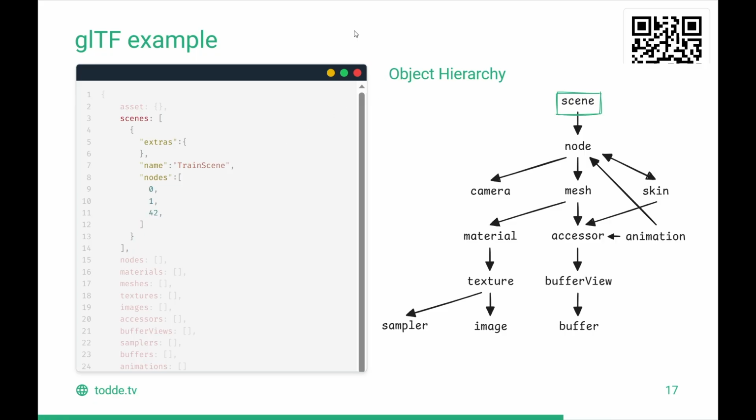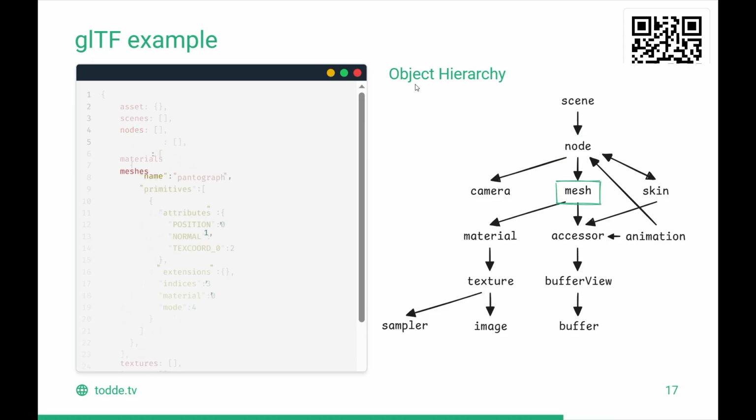So going further down, for example, in the nodes, we have only one node because the screen is too small here, but this is the node at position index 0, and it is a mesh, and it has the name train. And it then has a scale, translations, and other parameters. And if we go even further down, so we went from the scene to the nodes to the mesh now. Also mesh is just an array.